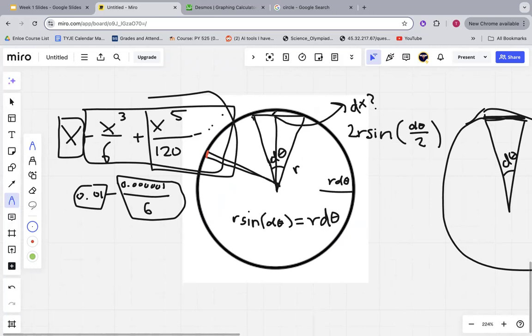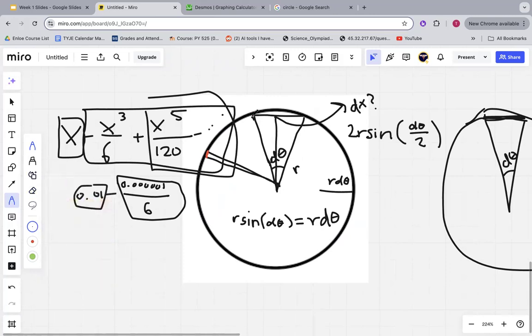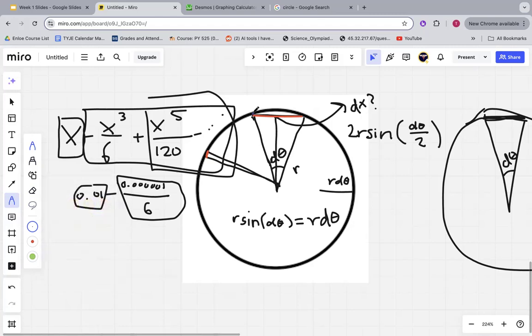The other way is looking at it mathematically. If you take this length and subtract this length, I'm going to recolor code these. So this length in purple over here is r d theta. Notably, I'm using radians, so that's why we're just multiplying by d theta.